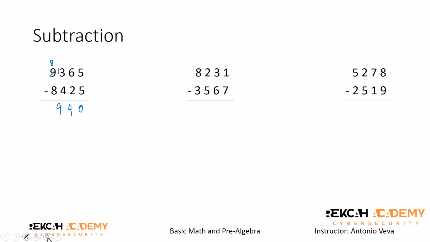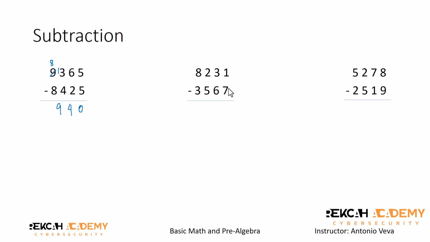So we're going to start from right to left here in the ones column. 1 minus 7.